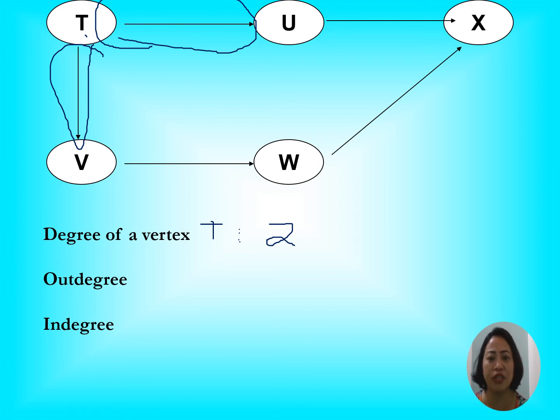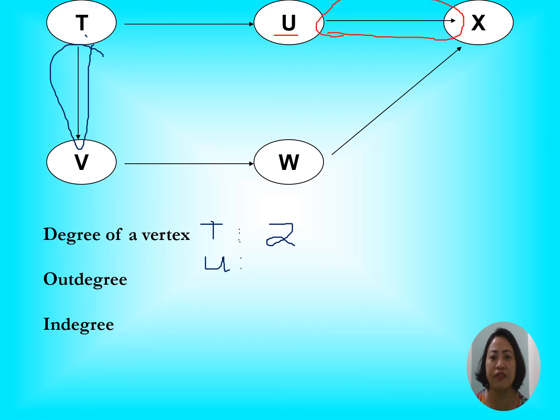Let us say U. How about the degree of vertex U? The edge that is leaving that vertex is this one, while another edge entering that vertex is this one.